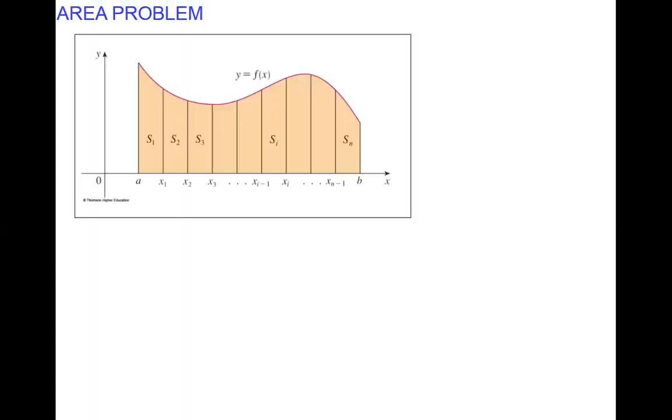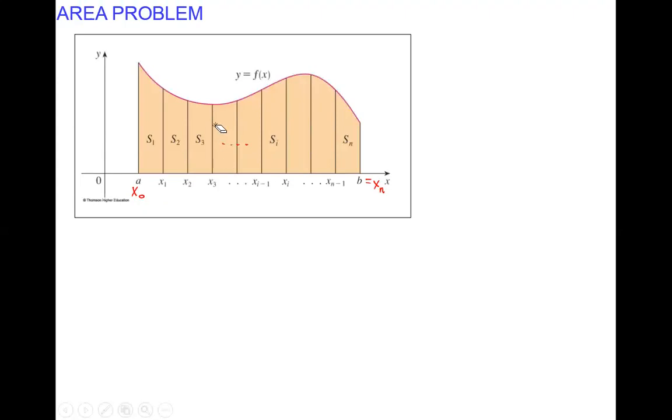It's something like this: the first one, S sub 1, S sub 2, 3, and then we have infinitely many of them, and the last one will be S sub n. And i is changing from 1 to n. We can see we have infinitely many of them.